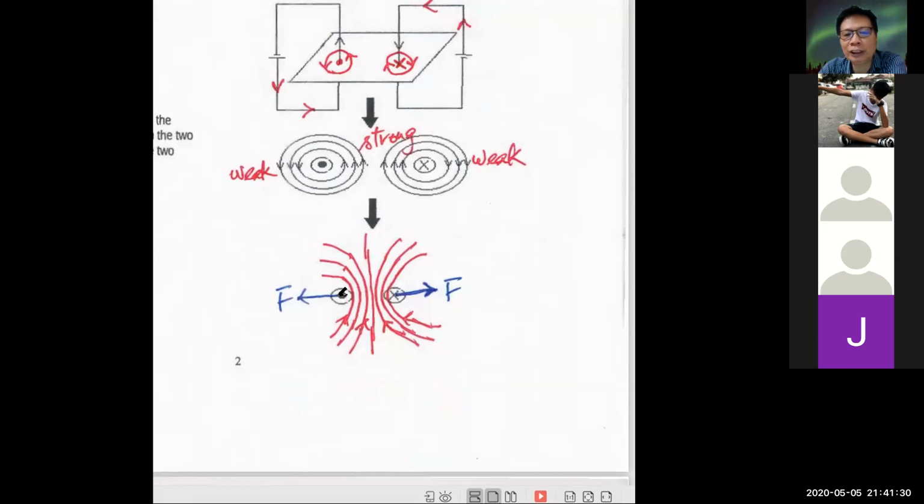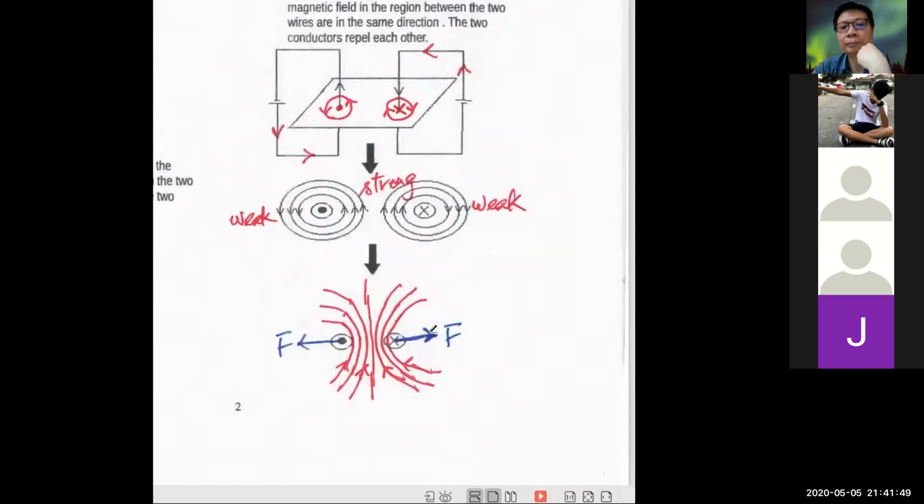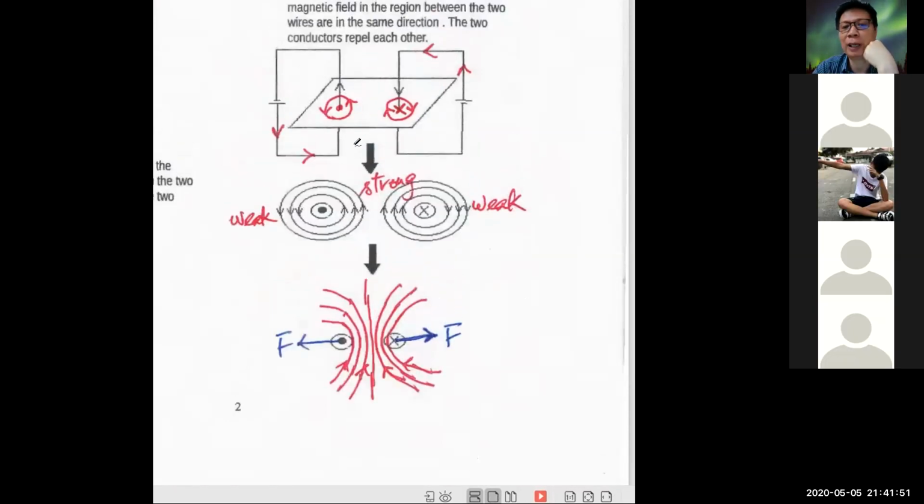Now the force is this one, center is strong, push to the left. Strong here, weak here, push to the left. Here strong, here weak, push to the right. So push to the left, push to the right. So what happens is the two wires will repel each other. Okay. So remember now, this one always came out in SPM.